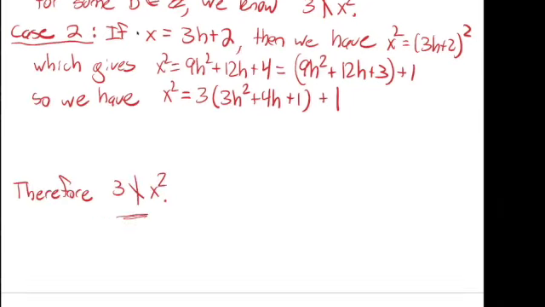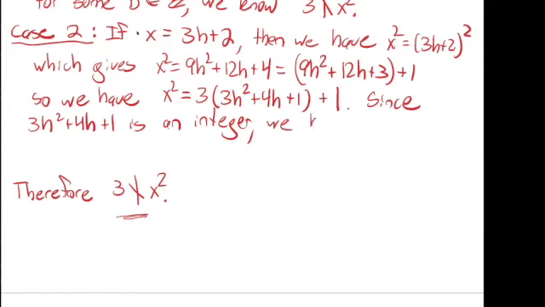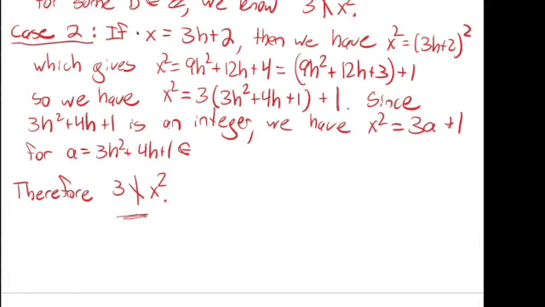Since 3h squared plus 4h plus 1 is an integer, we have that x squared is equal to 3 times a plus 1 for some integer a.